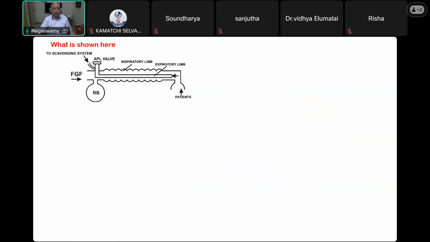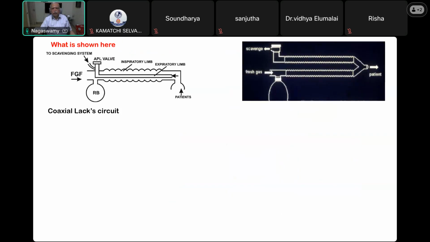And this is how the coaxial Lack circuit works. If the tube is going inside, the outer tube is the inspiratory limb delivering the fresh gas flow, and the inner tube is the expiratory limb taking out the expired gases. So this is called the Lack circuit.